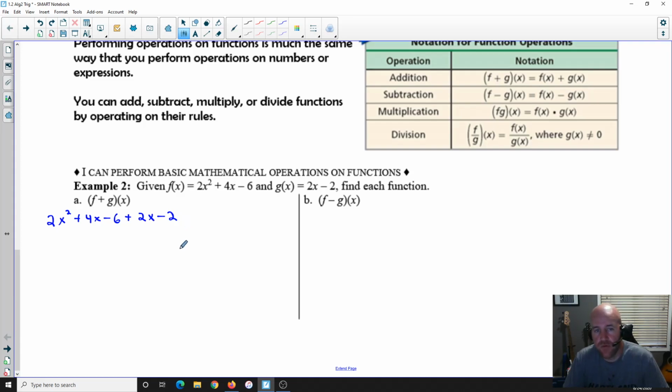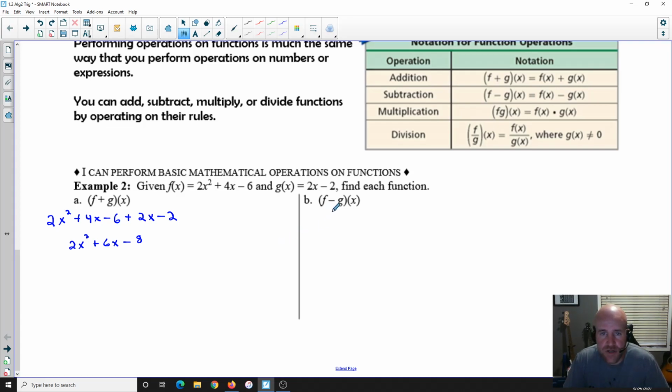So basically when we're adding two functions together, we are just combining like terms of the two functions. So there's only one squared term, so we get 2x squared. 4x and 2x, so that's going to be a 6x. Negative 6 minus 2, that is a negative 8. And this is our answer.